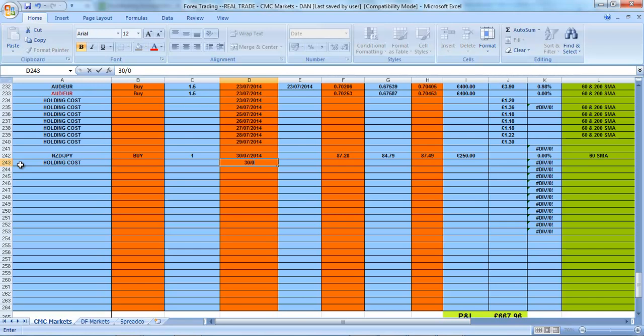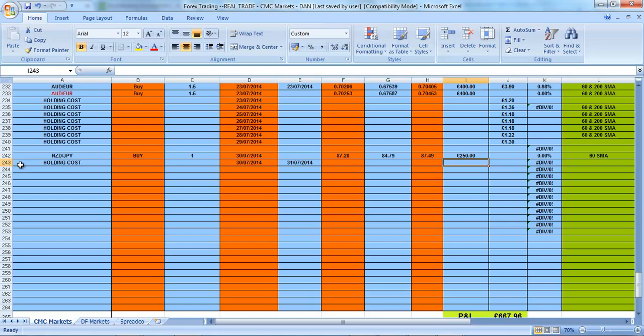So 30th of July 2014, and then it will be 31st, which will be tomorrow, hopefully, 2014. And then I won't put anything at price, neither would I put anything at stop loss or take profit, neither would I put anything where it says invested money.